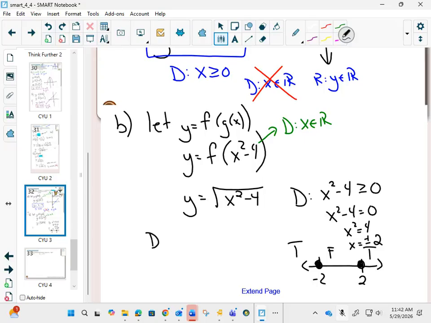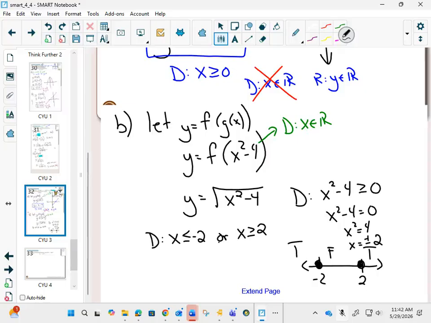So my domain is x is less than or equal to negative 2, or x is bigger than or equal to 2. The or word isn't important. Don't say and. In mathematics, if you say and, both have to be true at the same time. And if I want to try to find a number that's less than negative 2 and also bigger than 2, you're basically saying there's no solution.